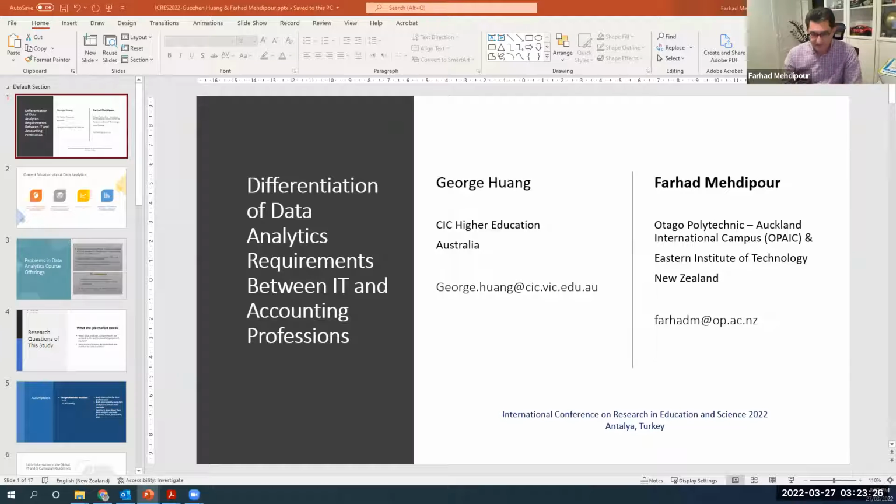The methods that we have used rely basically on machine learning and text analysis. We have looked at around 300 job descriptions in the IT category and also accounting categories. And we have collected this data from very recent posts in the job employment platforms. We have used a couple of algorithms.